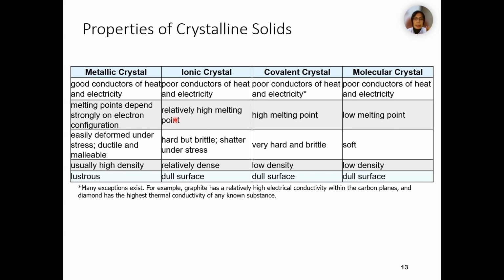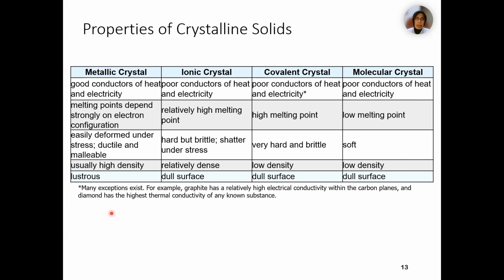Ionic crystals are relatively dense, but a bit lower because of the different sizes of cations and anions. Covalent crystals, because they have directional bonding, where the bonds must be in a certain direction, have low density, and molecular crystals also have low density.